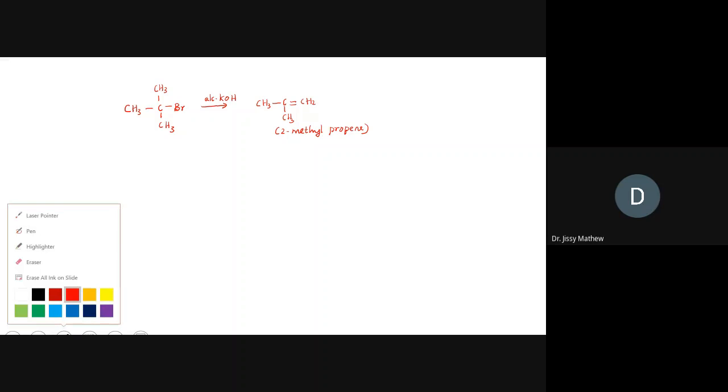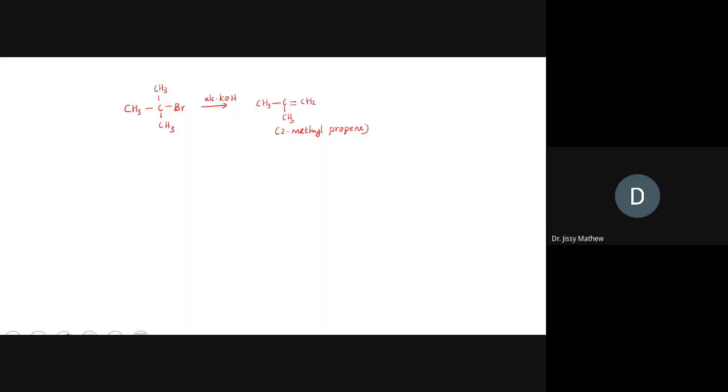Let us write the mechanism of this reaction. In the first step, that is the slow step, the C-Br bond breaks and we get a carbocation.